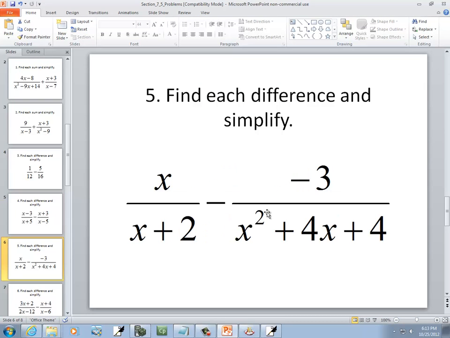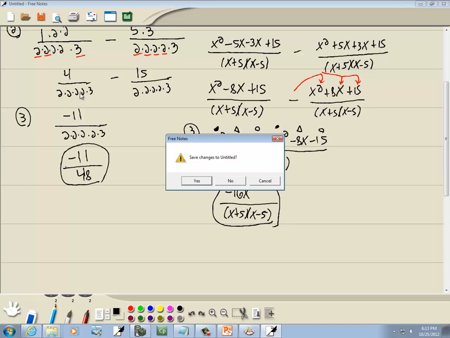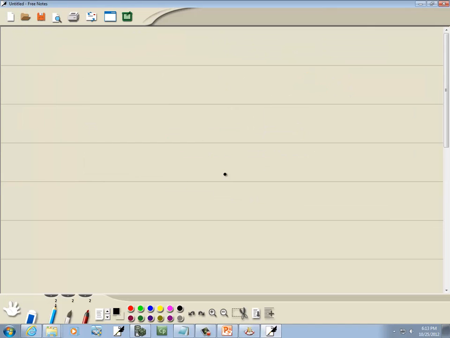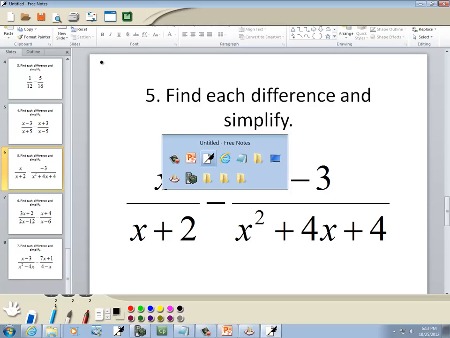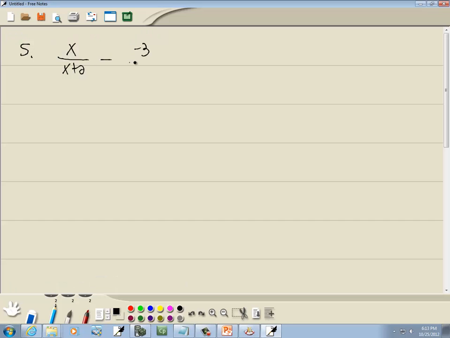Let's look at our next problem. I'm going to start a new page here. Got x over (x plus 2) minus negative 3 over x squared plus 4x plus 4.